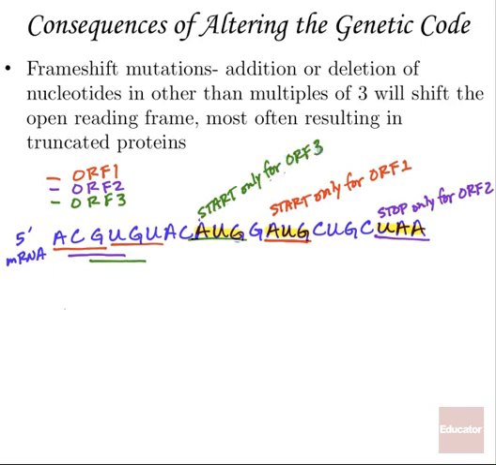Okay, so this is important because let's say, for example, we're looking at our 3 possible open reading frames, right? So we see 2 different starts, okay, and 1 stop. Now, let's say, for example, that we're going to do our translation through open reading frame 3.